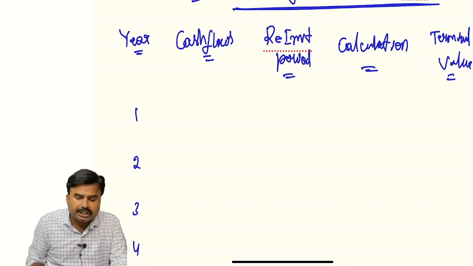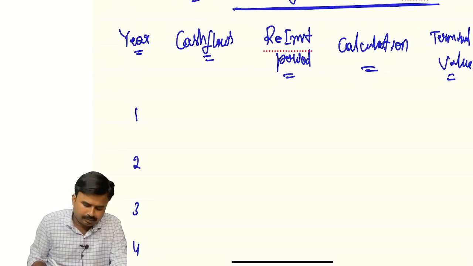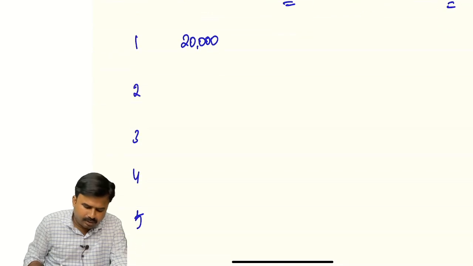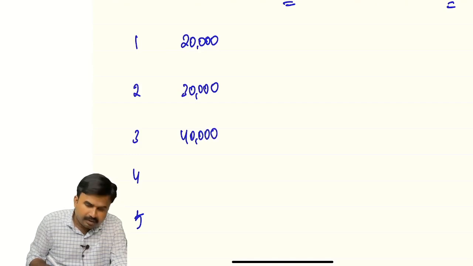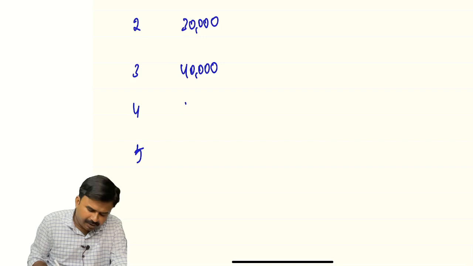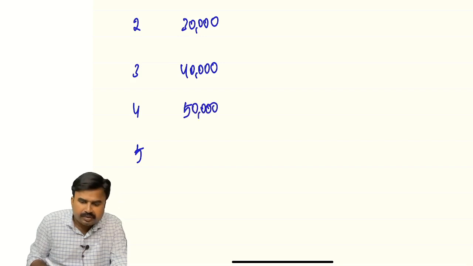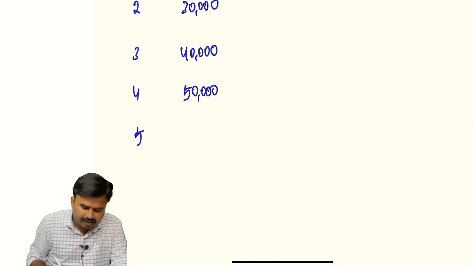The first year cash inflow is 20,000. Second year 30,000. Third year 40,000. Fourth year 50,000. Fifth year it will be 30,000.